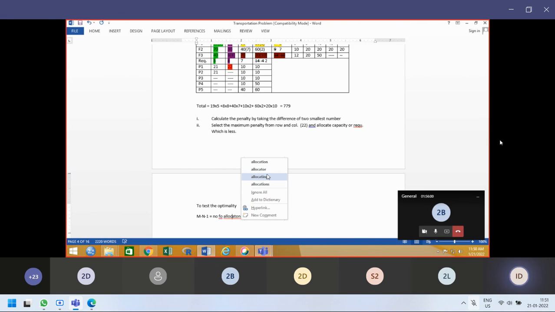Whether we can modify the solution, whether we can improve the solution. To test the optimality, the following condition must be satisfied.